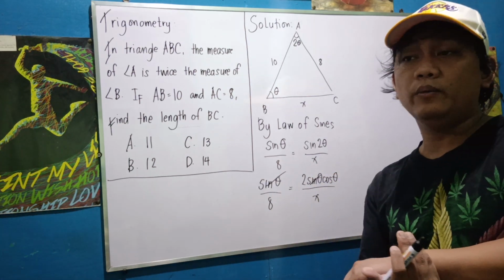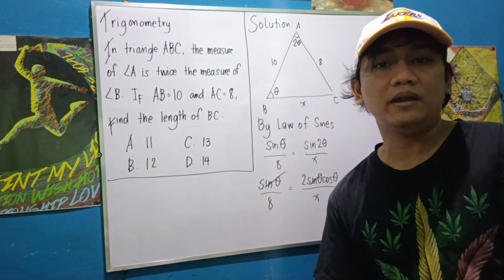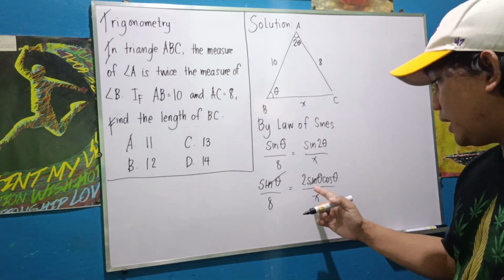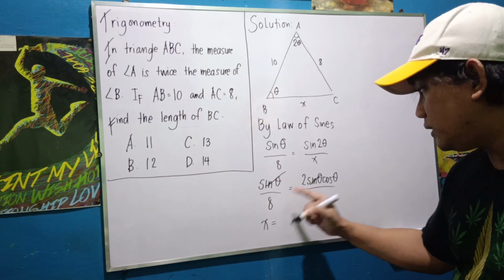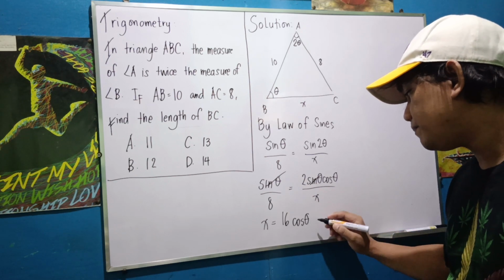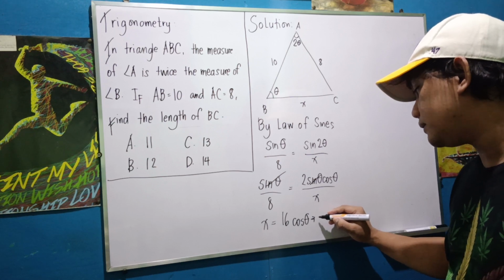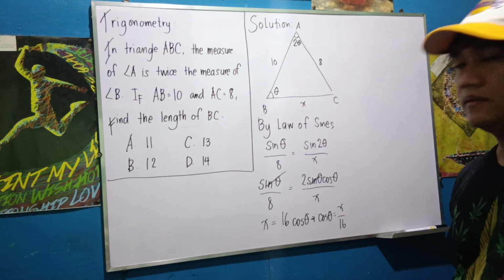Because if you don't cancel, you will arrive at sine theta equals 0 and theta equals 0, and wala naman tayong 0 degrees. So we can cross multiply. We have x is equal to 8 times 2, that is 16 cosine theta. Or we can rewrite that cosine theta is equal to x over 16.